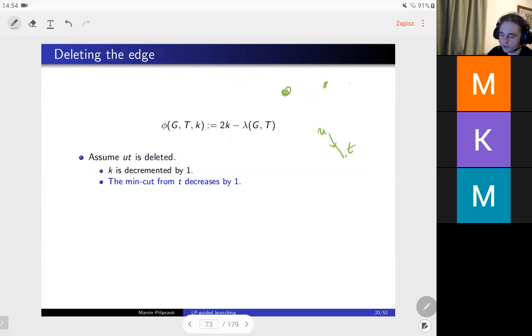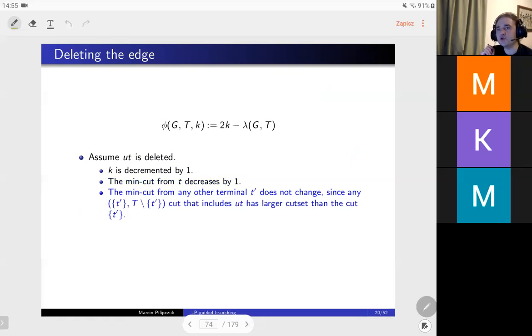The minimum cut gets decreased by 1. This was the minimum cut, and we delete one edge from it, so this remains the minimum cut, and it gets decreased by 1. The other observation is that the other minimum cuts don't change.